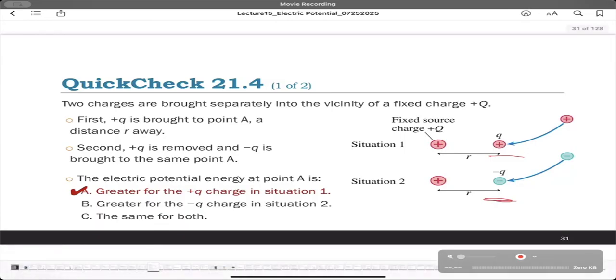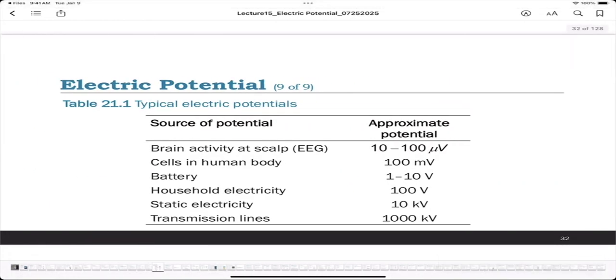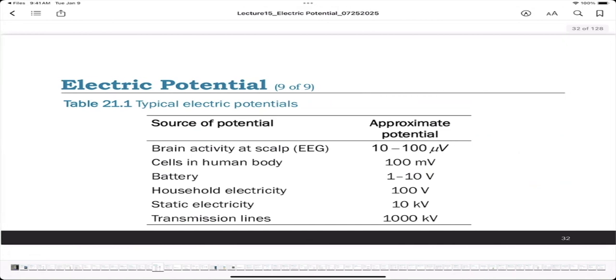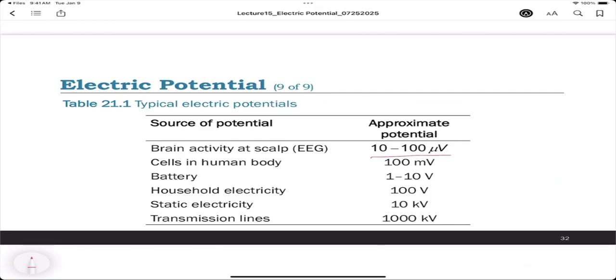Okay, let's continue. There are some typical electric potentials. Brain activity at scale: EEG usually has approximate potential of 10 to 100 millivolts.